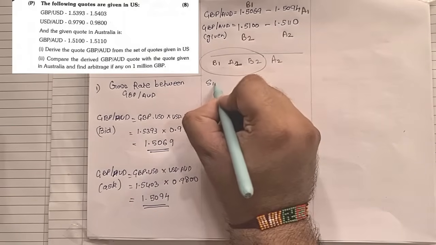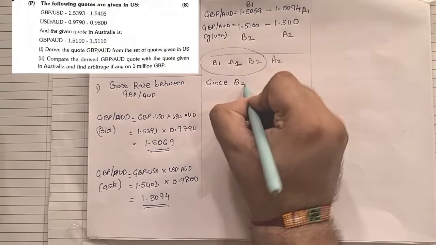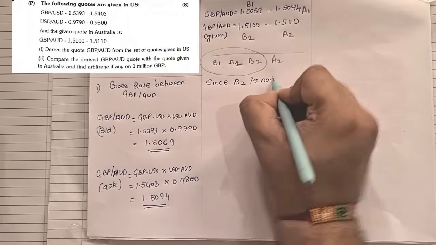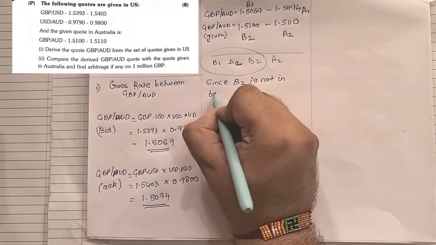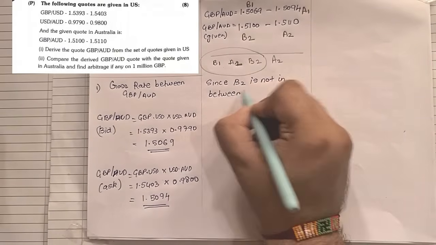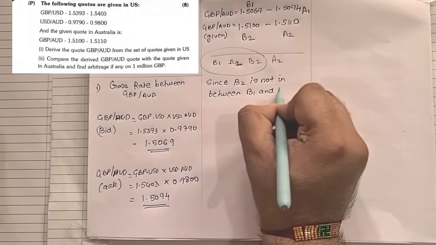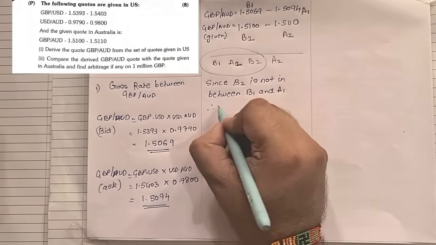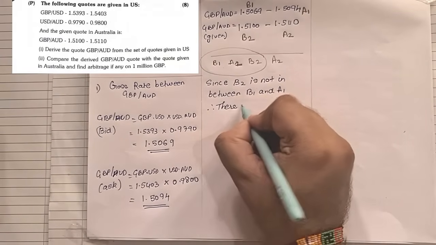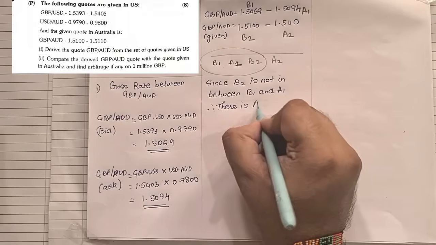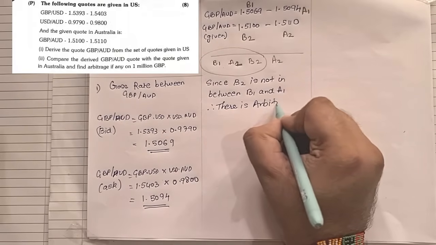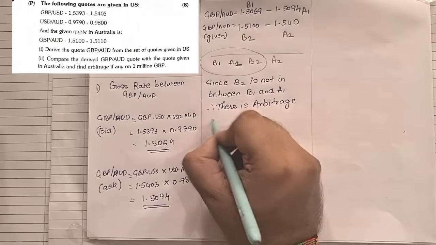So since B2 is not in between B1 and A1, therefore there is an arbitrage opportunity.